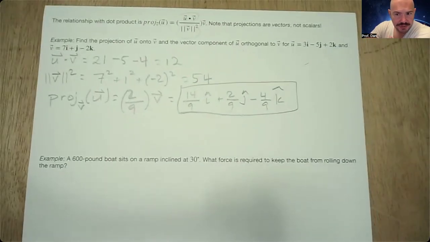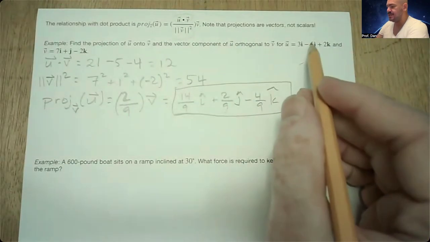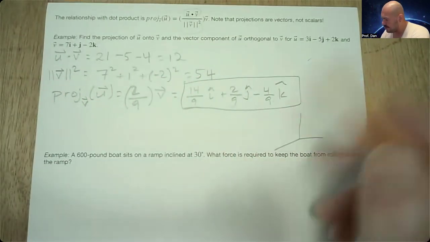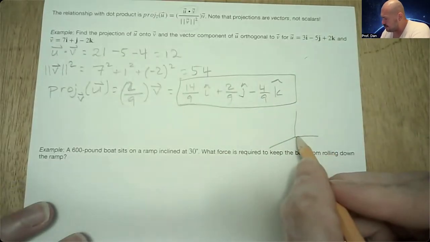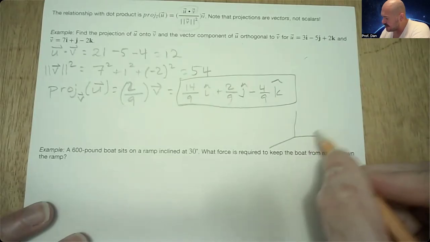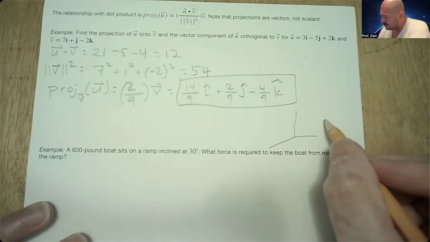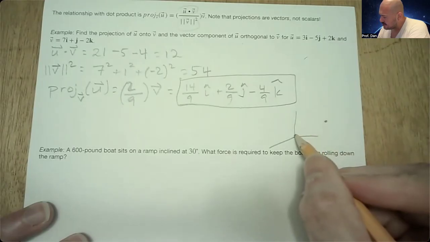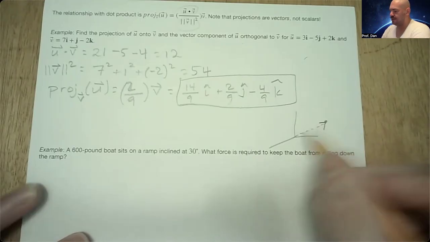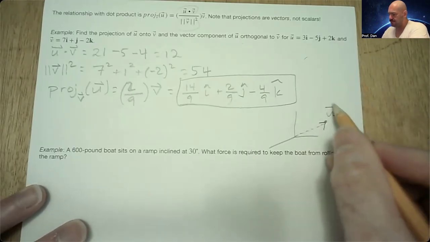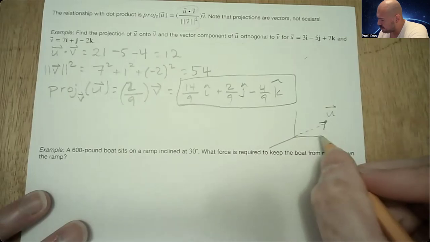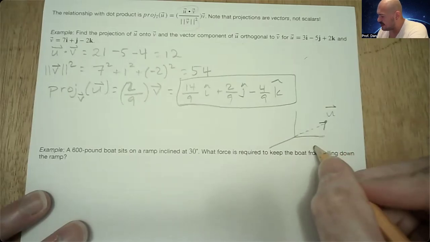So again, this would be like if I were to draw these vectors in three-dimensional space. We know that u would go 3 in the positive x, 5 in the negative y, and then up 2. So that's going into the page, and that's our vector u. I know that for v, we're going to go 7 in the positive direction, 1 in the positive direction, and then down 2.